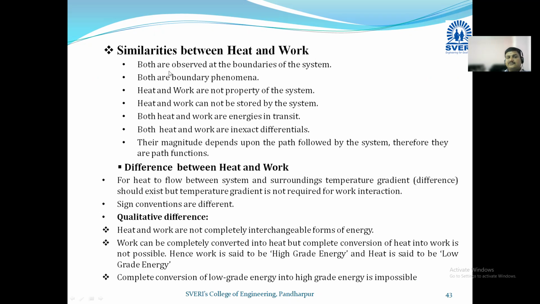Number one, both are observed at the boundaries of the system. दोन्ही सुद्धा तुम्ही बाउंड्रीजला अनुभवू शकता, एक्सपिरियन्स करू शकता.